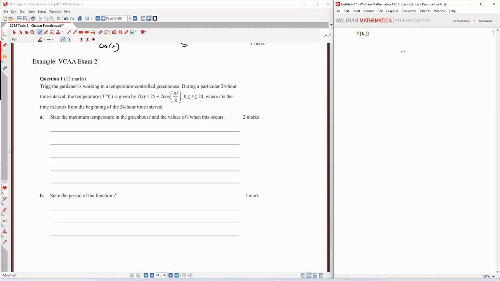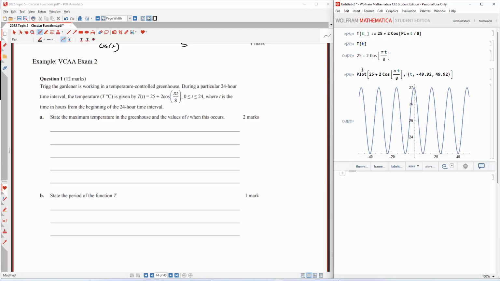T of t equals 25 plus 2 cosine pi times t over 8. Okay, let's have a look at it. Okay, all looks good there.